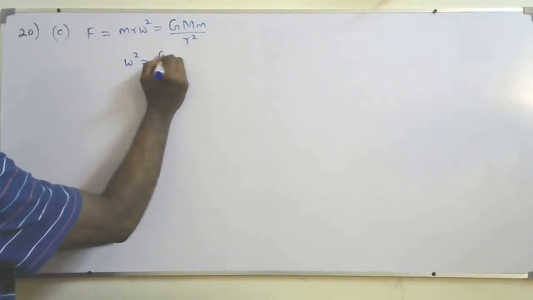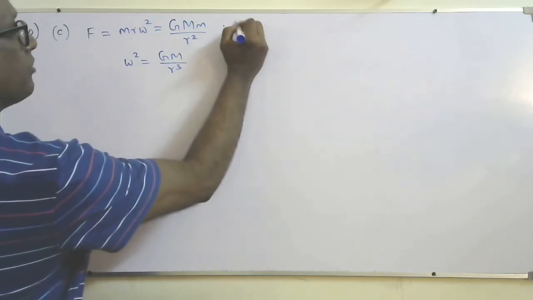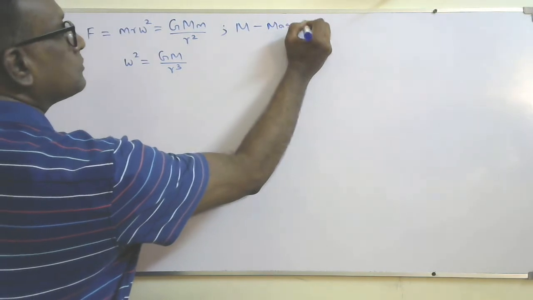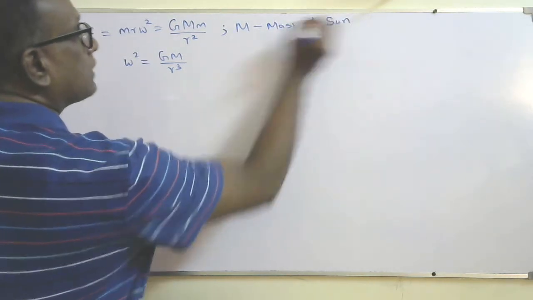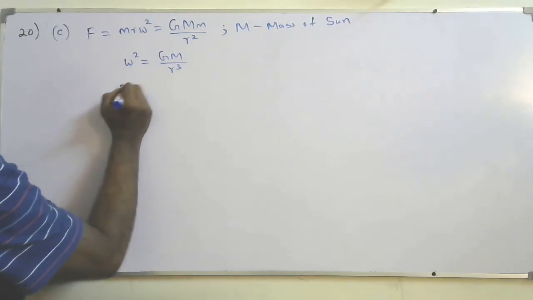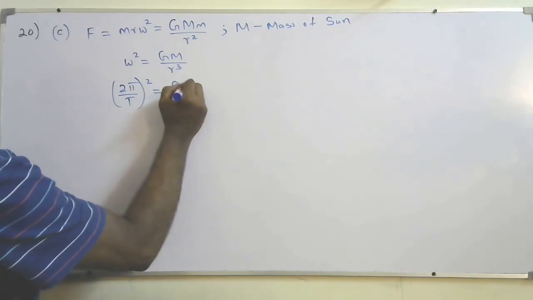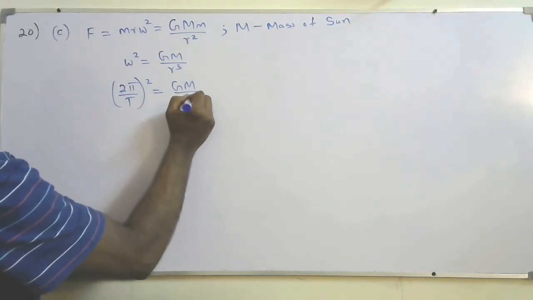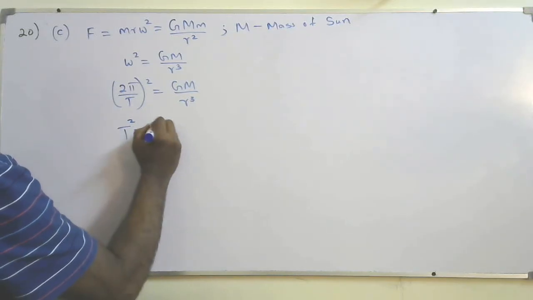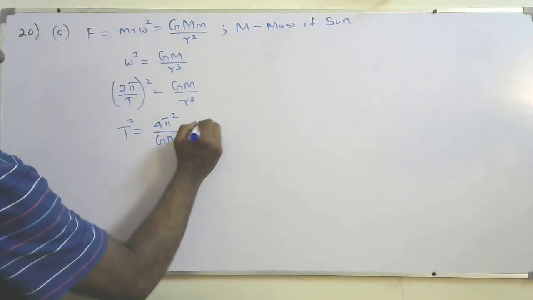Omega squared equal G M over r cube, where M is the mass of the Sun. We know omega equal 2 pi over T. So 2 pi over T, all squared, equal G M over R cube. And make T the subject. T squared equal 4 pi squared over G M into R cube.